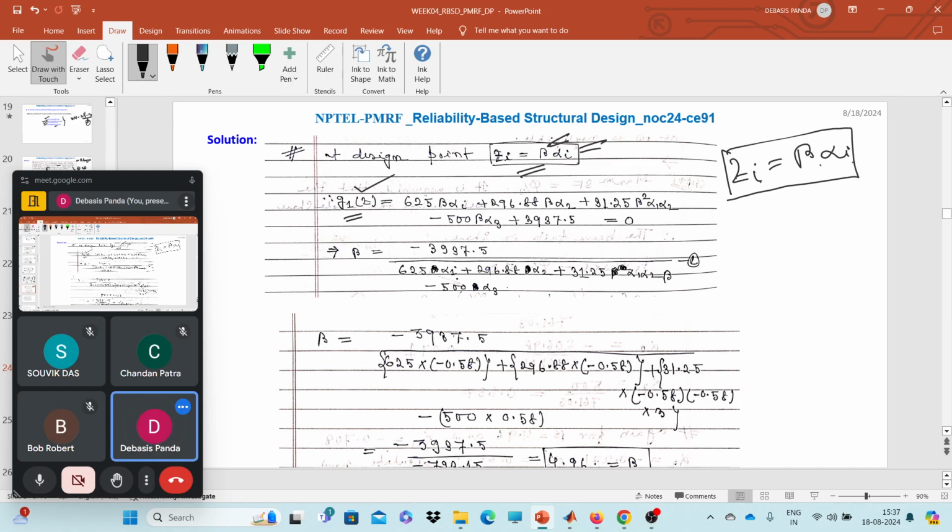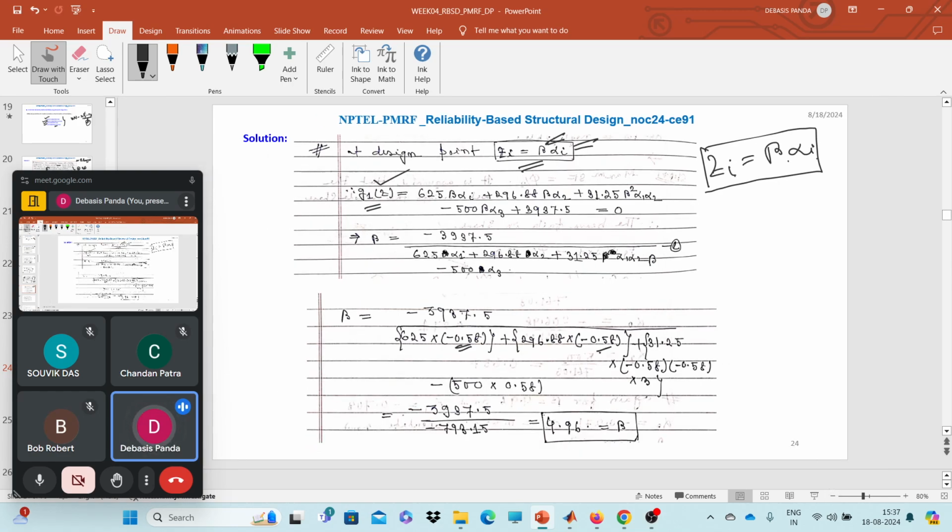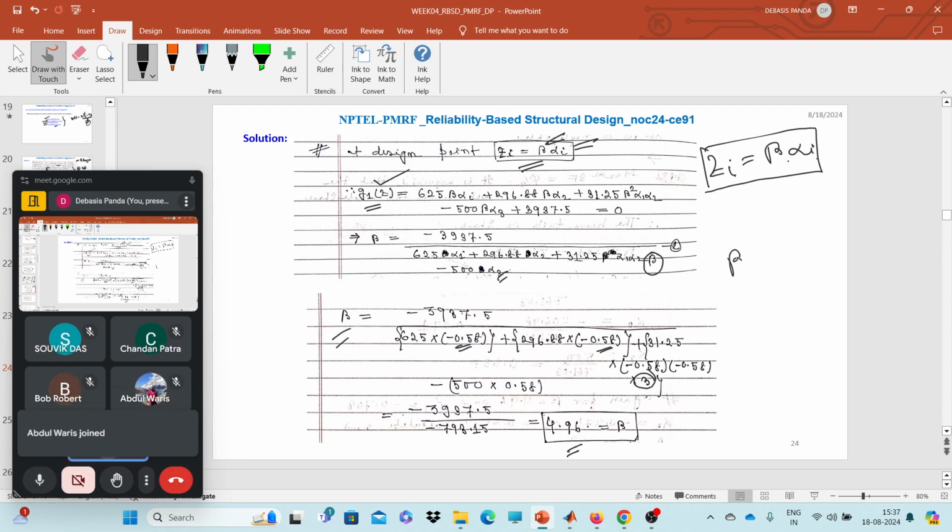Alpha 1 is minus 0.58, alpha 2 is minus 0.58, alpha 3 is 0.58, and beta is 3, because in that equation the beta will sit. That's why you need to consider an initial beta. Now if you solve for beta, you will get beta equal to 4.96. So we started with beta equal to 3 and alpha values giving the same weight, 0.58, 0.58, 0.58.